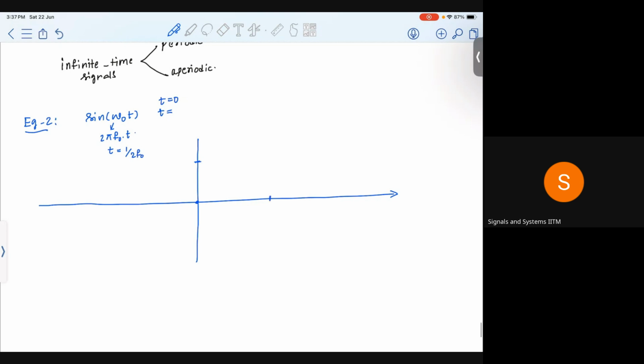At t equal to 1 by 2 f naught, we have sine pi, which is again 0. And at t equal to 1 by 4 f naught, we have this as 1.